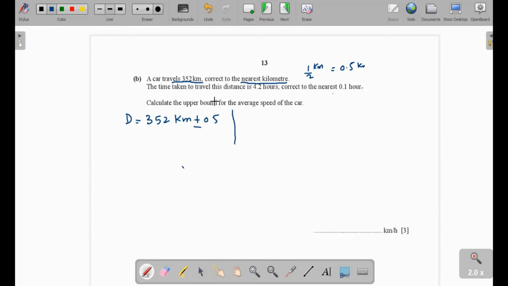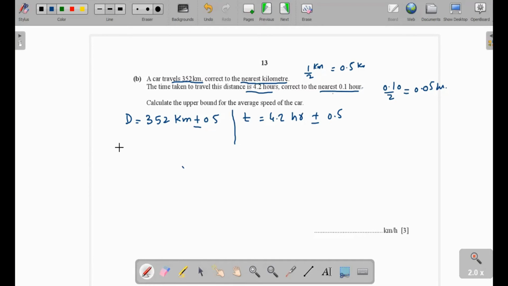The time taken to travel the distance is 4.2 hours, nearest to 0.1 hour, so we take 0.1 over 2, which is 0.05 hours. So time is 4.2 plus or minus 0.05 hours.